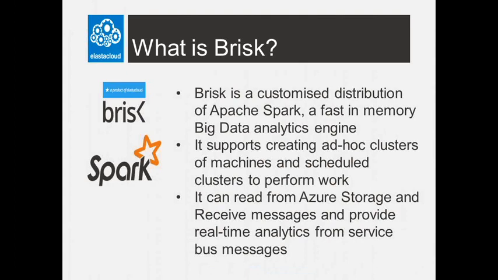Then what I just want to do is show you quickly the big difference. We looked at the slide on MapReduce, so if we go to the next slide, just so that you can understand the fundamental difference behind Brisk and HDInsight Hadoop. Hadoop is fantastic with working with very, very large data.